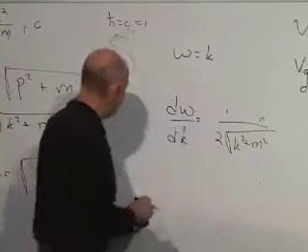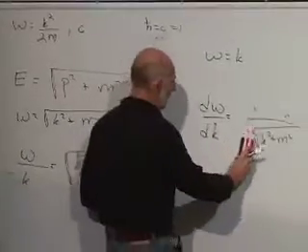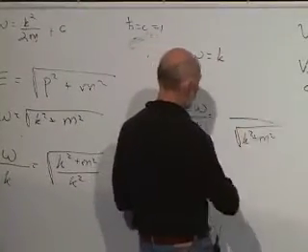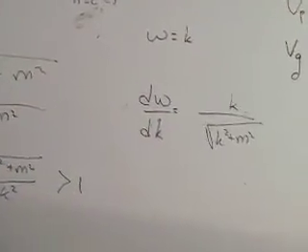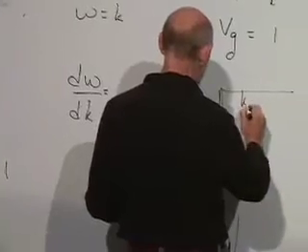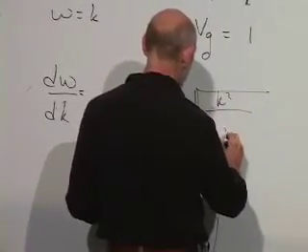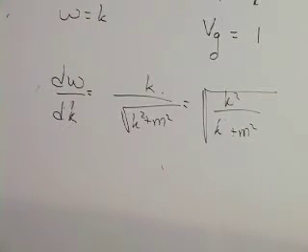And then we have to differentiate the argument here with respect to k, so that just gives us 2k. It gives us k over this. This is the derivative, which is also equal to the square root of k squared over k squared plus m squared. Isn't that nice? The group velocity is the square root of k squared over k squared plus m squared.